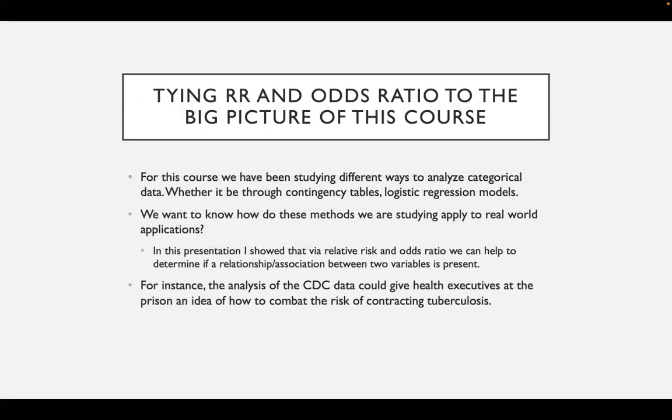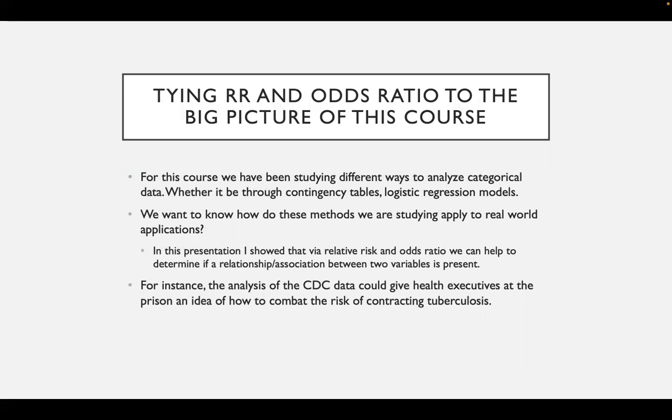So now we want to tie relative risk and odds ratio to the big picture of this course. For this course, we have been studying different ways to analyze categorical data, whether it be through contingency tables or logistic regression models. So we want to know, how do these methods we are studying in this course apply to real world applications?